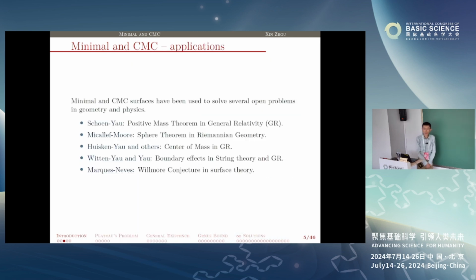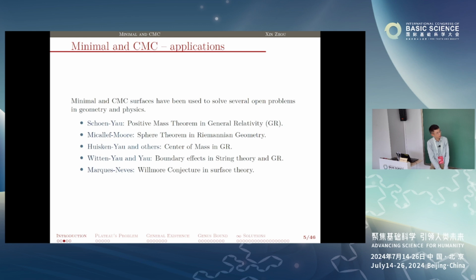Another important motivation for our interest in minimal and CMC surfaces is their applications to other problems in mathematics, particularly in geometry and physics. For instance, the celebrated resolution by Schoen and Yau of the positive mass theorem in general relativity. We listened to Rick's talk yesterday, which applied the theory of minimal surfaces, and the resolution of the sphere theorem. The homeomorphic version in Riemannian geometry by Micallef and Moore uses minimal surfaces.